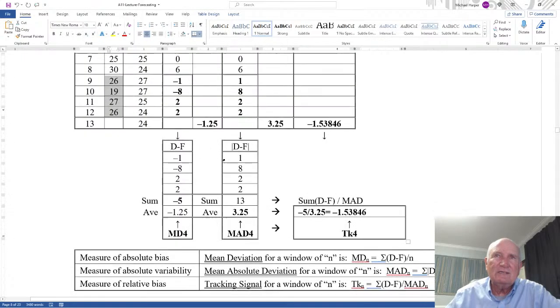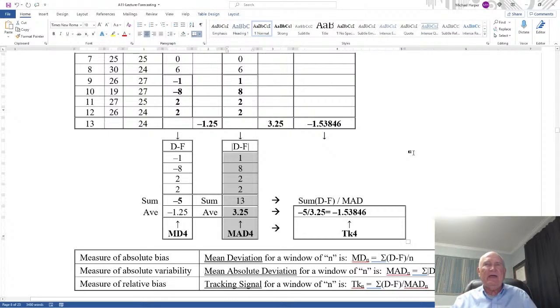The second one is the mean absolute deviation. All we do is take the absolute deviation, which means remove the minus sign, sum them and take the average, and that's the mean absolute deviation with the window of 4, or the MAD of 4. Let me interpret this with a simple example. Suppose I had a different time series, same magnitude, but a little bit different forecast.